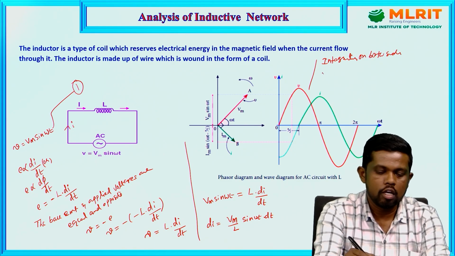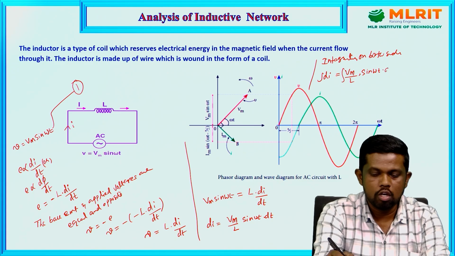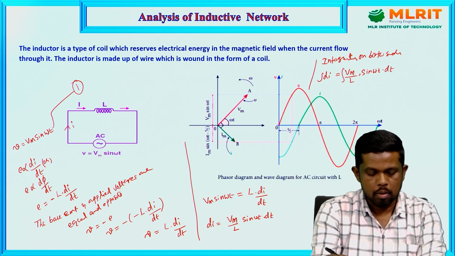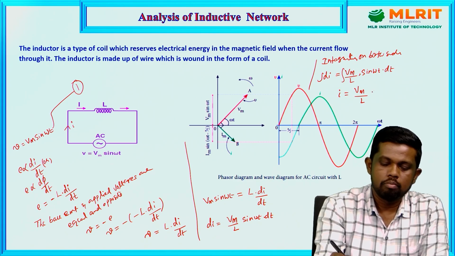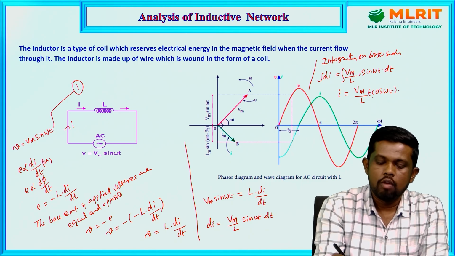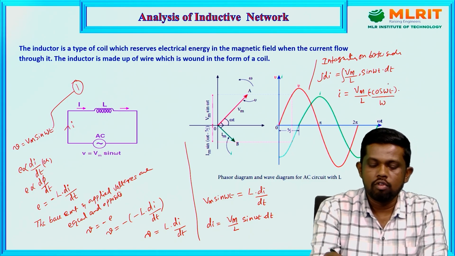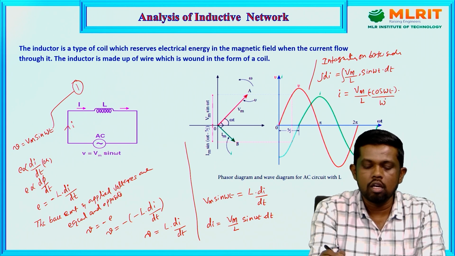So we will get integral di equal to integral Vm by L into sin omega t into dt. Finally we will get I equal to Vm upon L into minus cos omega t, divided by omega, because the differentiation of sin omega t is minus cos omega t, and we need to do the omega with respect to dt, which gives omega.